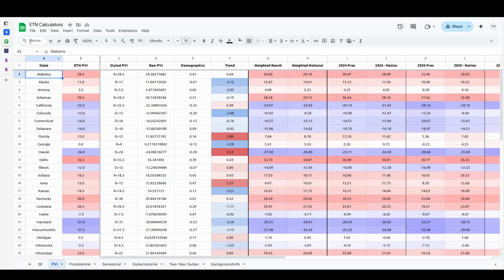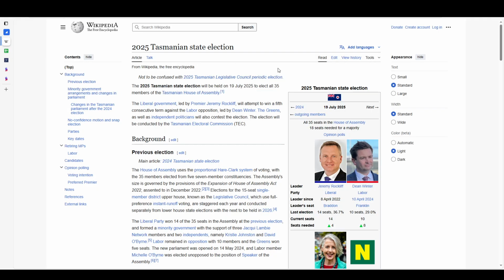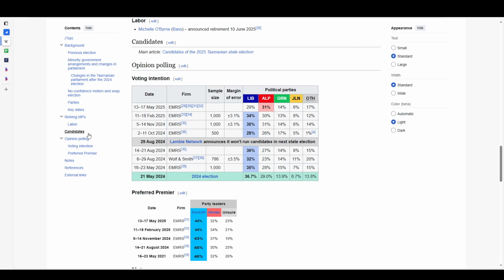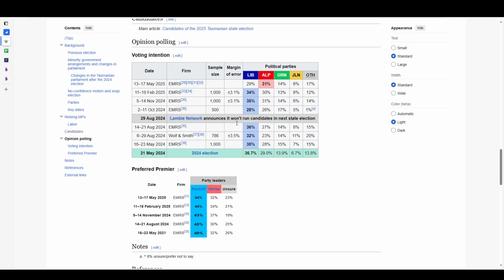I will be getting to the Tasmanian election soon. I'm just going to be waiting, since it's a small level thing, a bit longer before I start getting into it. There's not that much polling done yet, so I want to wait a bit longer.